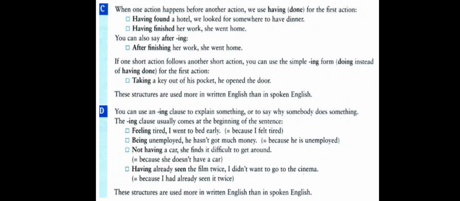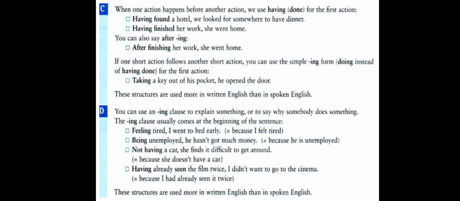Taking a key out of his pocket, he opened the door. He opened the door is the main clause, and taking the key out of his pocket is the subordinate clause, and it is the ing clause, which is a reduced clause.